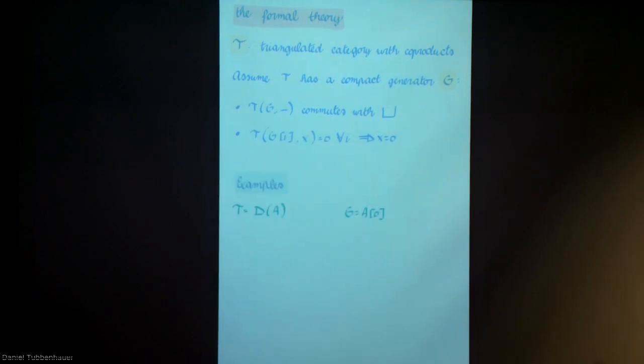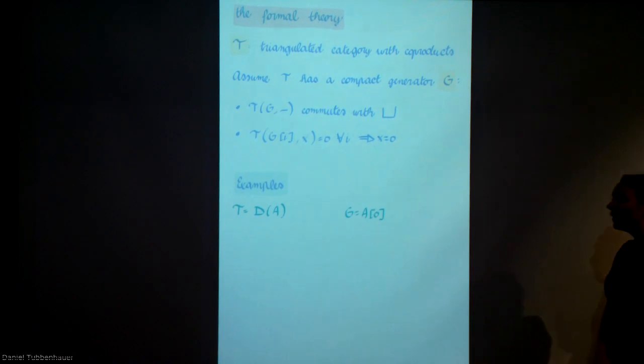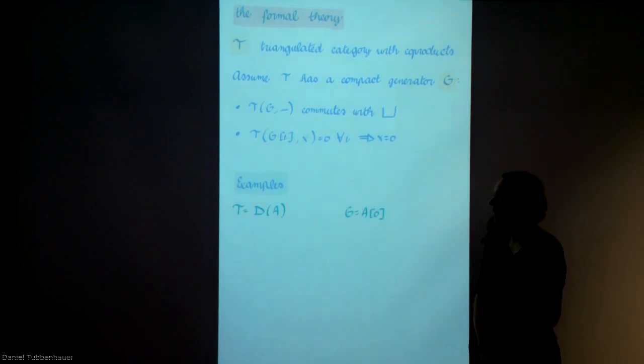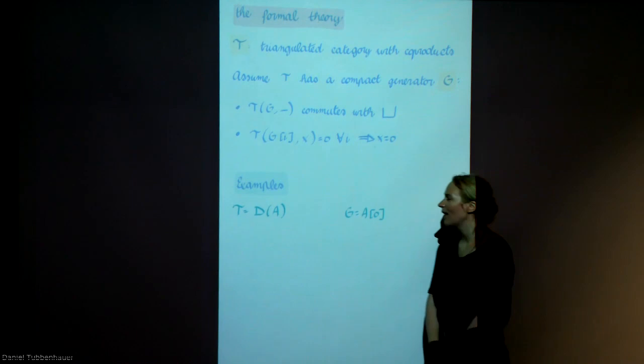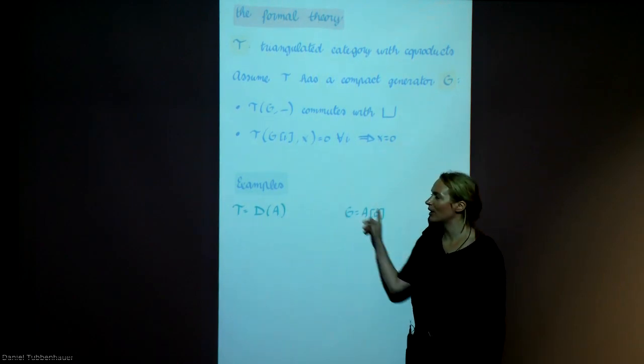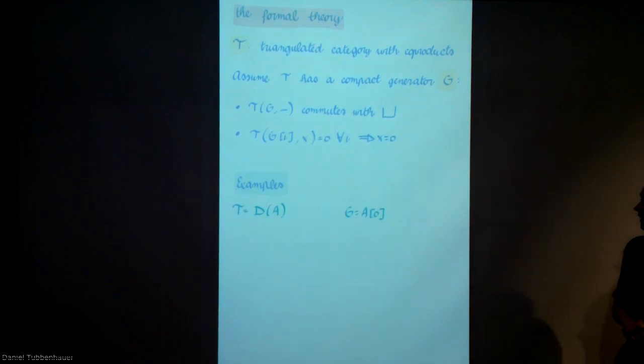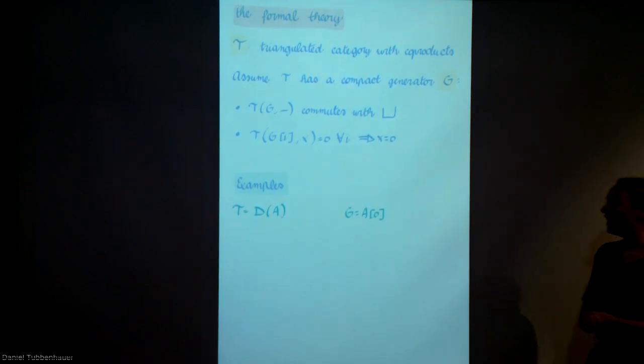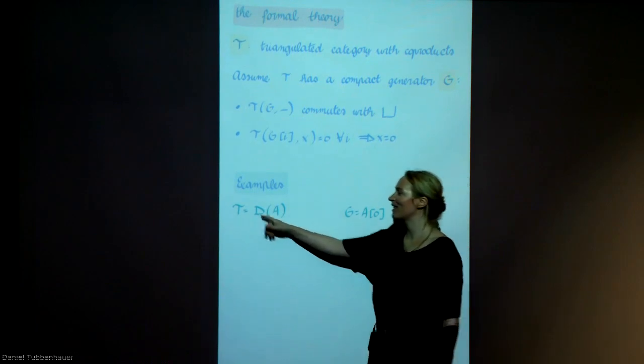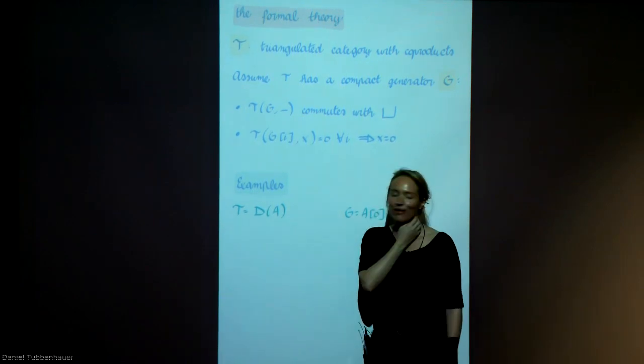Okay, so our first example is going to be the derived category of a ring, any ring. I was trying to make it a little bit less unappealing for non-category theorists, so I'm going to have this as a running example for the talk.